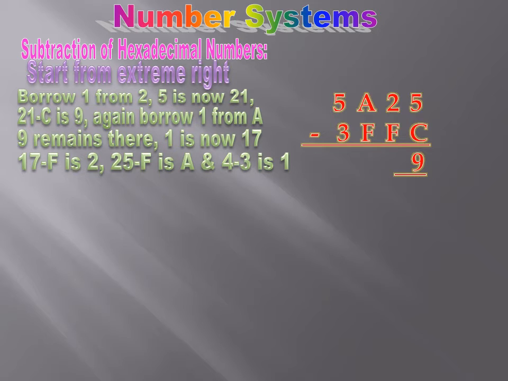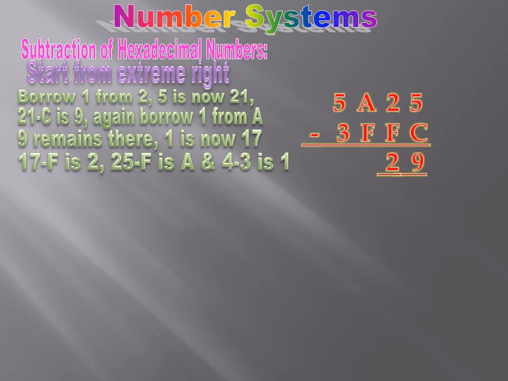Now here I have 1 and F cannot be subtracted from this. So I'll take 1 from here. So it will become 16 plus 1, 17. So 17 minus 15 is 2. So now I have here 9, and F cannot be subtracted from 9.